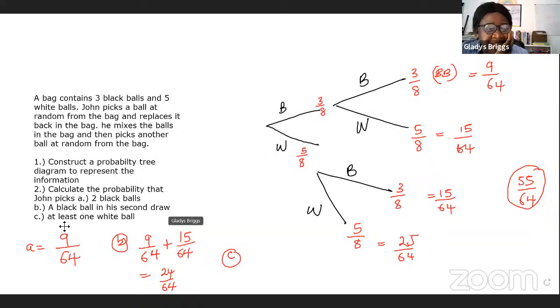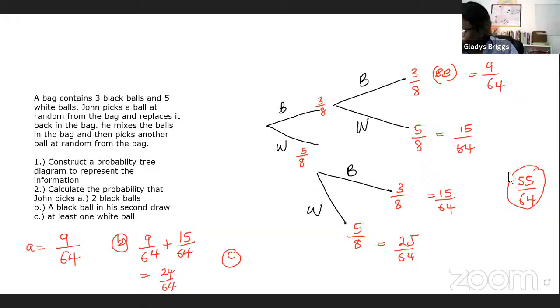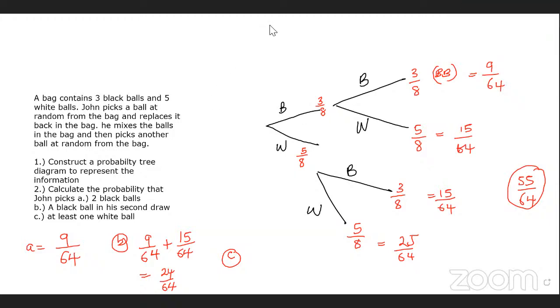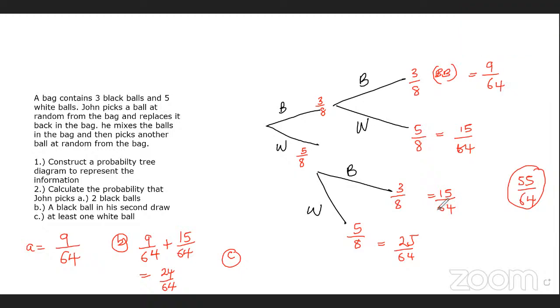So with C, at least one white ball. That's why I was asking. Who was answering? Mahmoud. Yes, how did you get your answer? I add up 15 over 64, plus 15/64, plus 25/64.